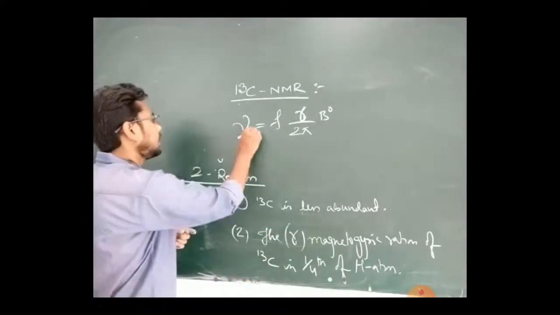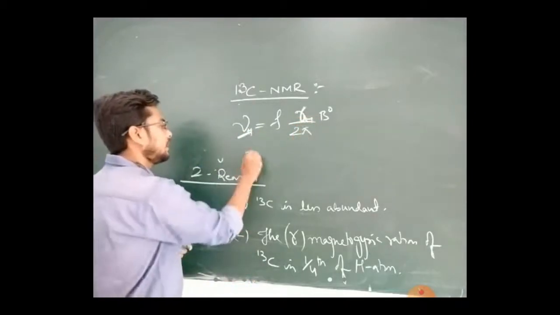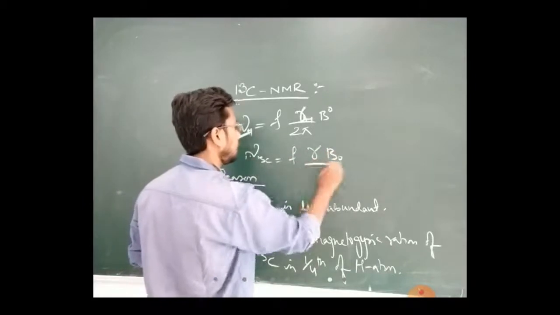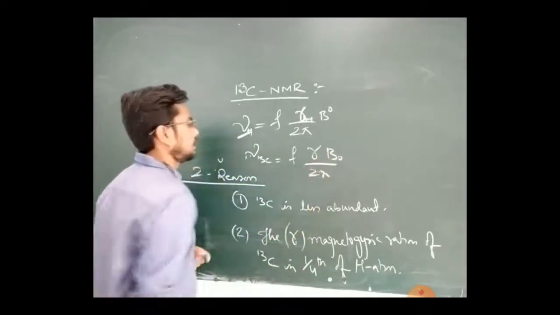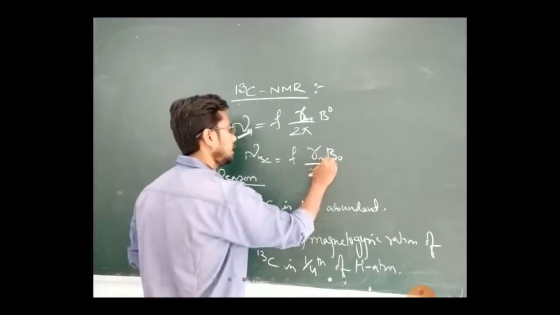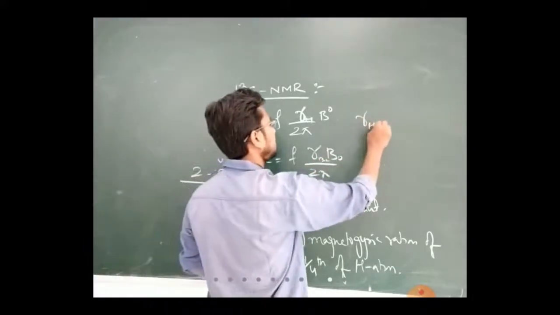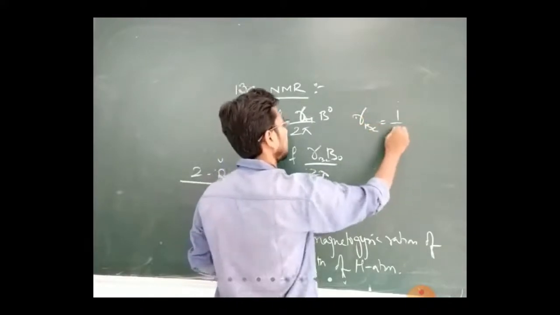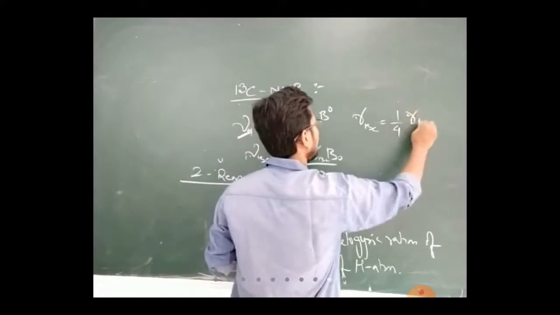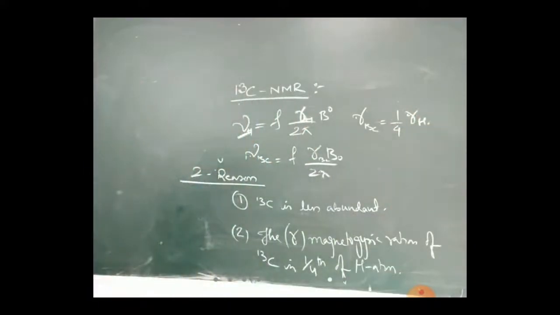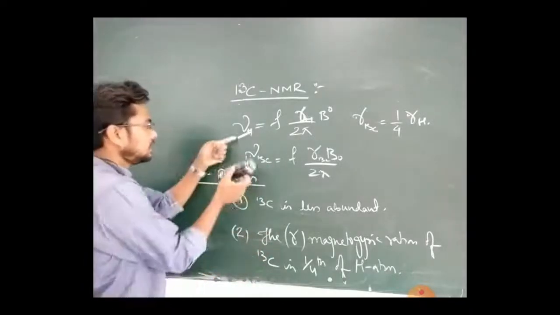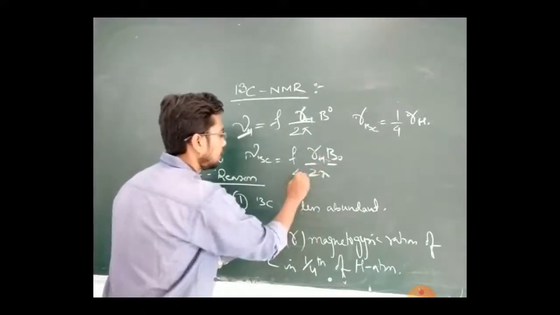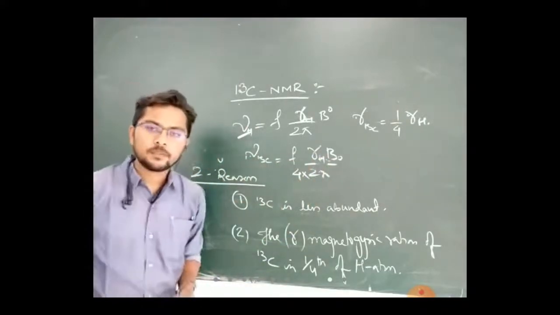This is for proton, H, and nu for 13C will be a function of gamma C B naught by 2 pi. Since gamma of 13C is 1/4 of gamma H, it decreases by 4 units.